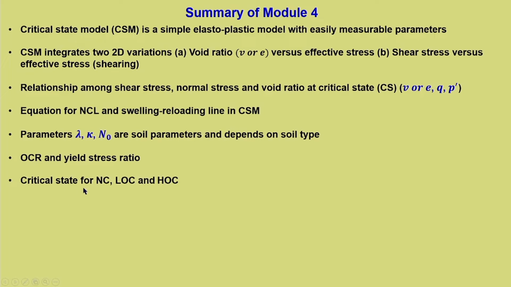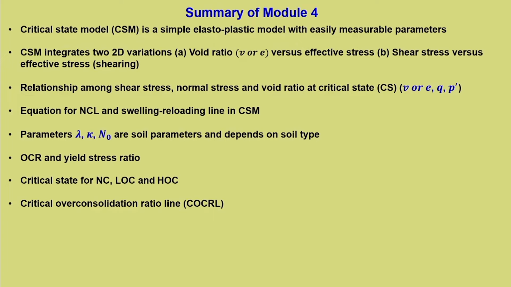Then we have seen the critical state for normally consolidated, LOC and HOC. Then we defined the critical over consolidation ratio line, COCRL. There is a bit of difference between this line and the critical state line, and let me again repeat here. In some of the books, when wet and dry state of the soil is defined, it is also defined with respect to the critical state line.